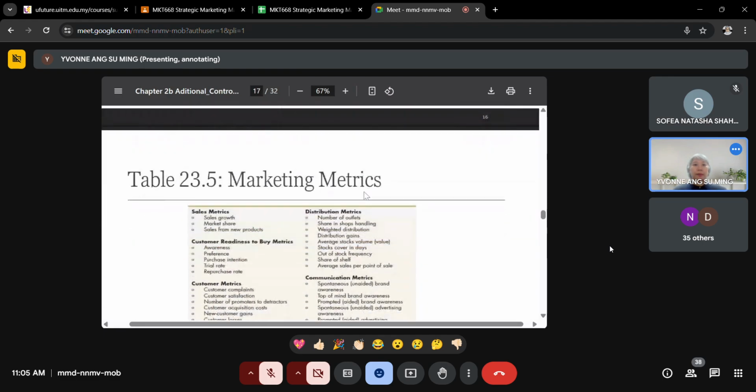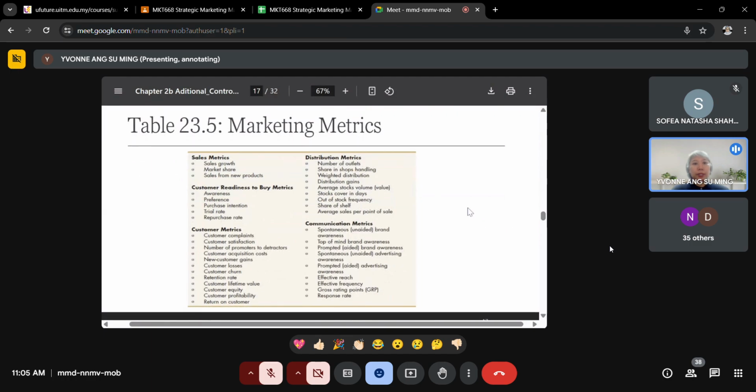So here you see that there are some more metrics that are given to you that you can choose according to what you propose that you want to measure for your own marketing campaigns, or inside your marketing plan.